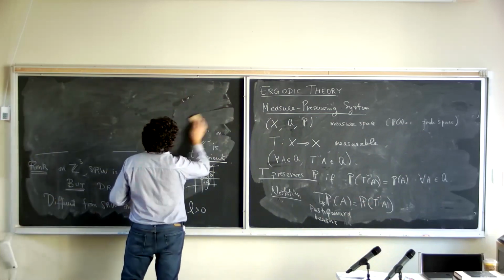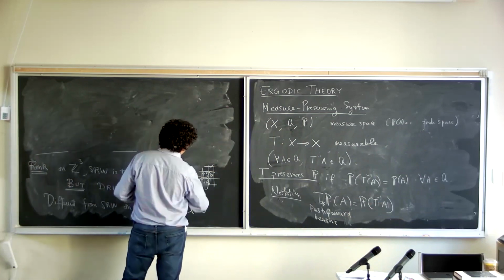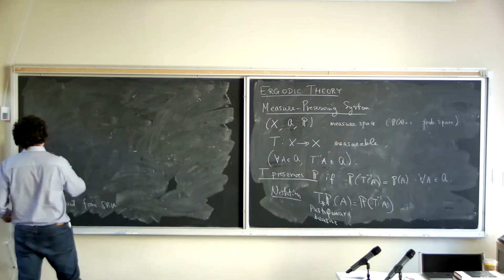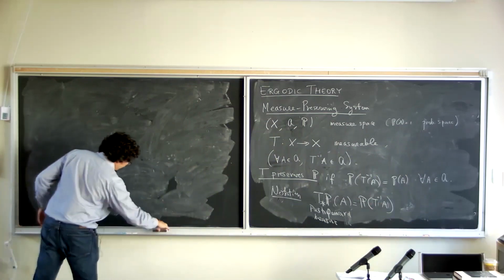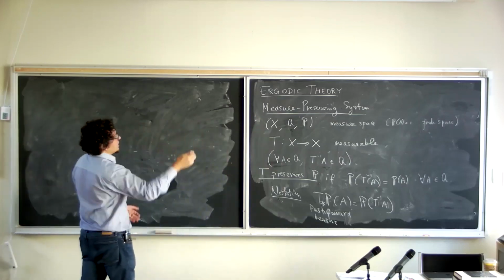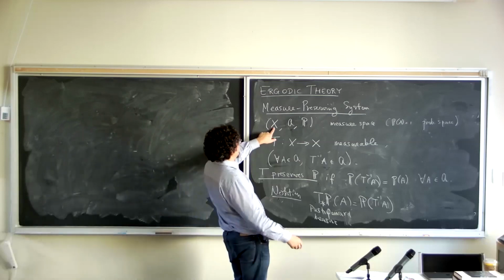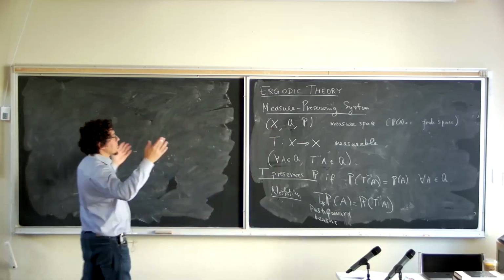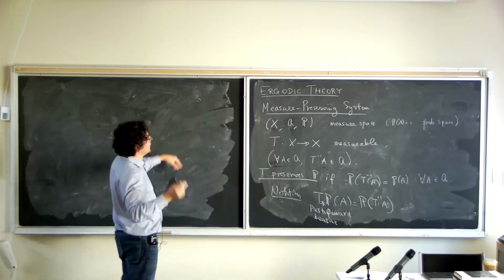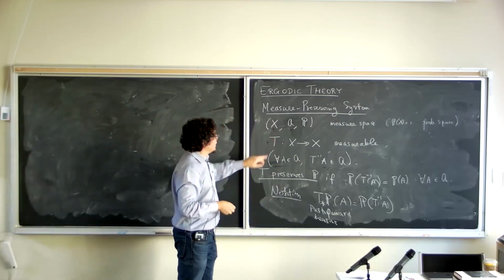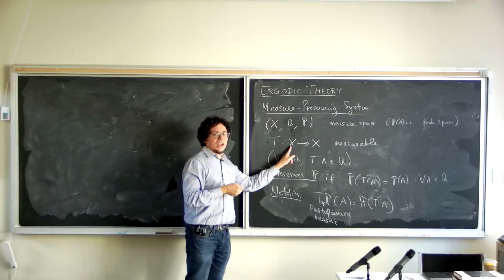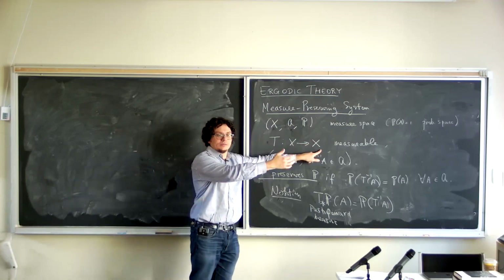And then what's the third object that people look at in ergodic theory? Well, you look at functions, and so you're probing your system. An intuition would be something like X is the universe, for instance, and T is the map that goes from the state of the universe today to the state of the universe tomorrow.